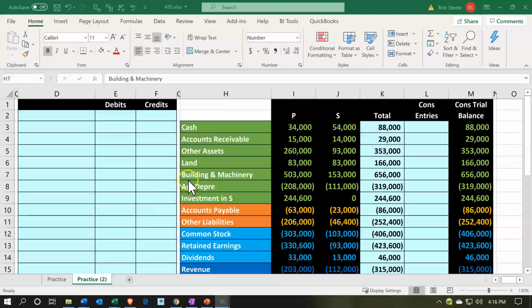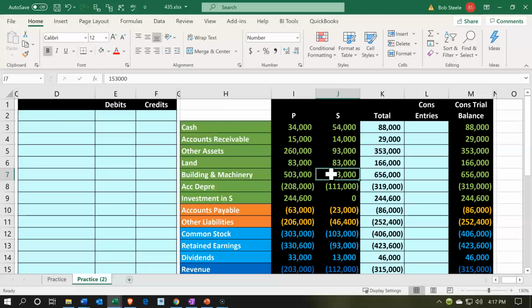Note that when you're dealing with something that has a change to the machinery and equipment or depreciable assets, you want to be considering how the equity method is being applied. Why? Because the machinery and building of depreciable assets is going to have an effect on the income statement with depreciation that's not being recorded by S, but once consolidated, you would think that it would be part of the consolidation process.